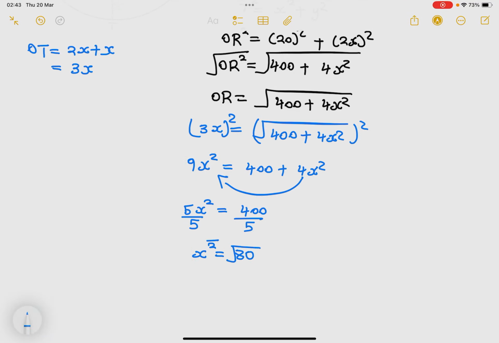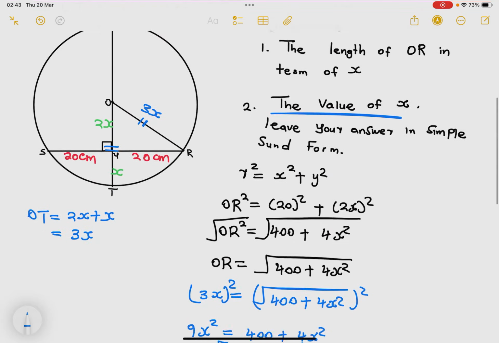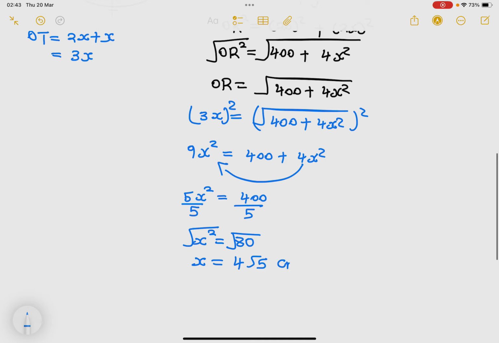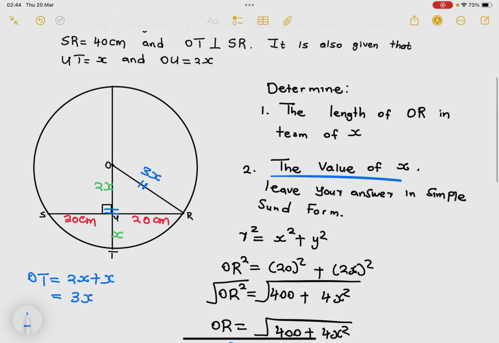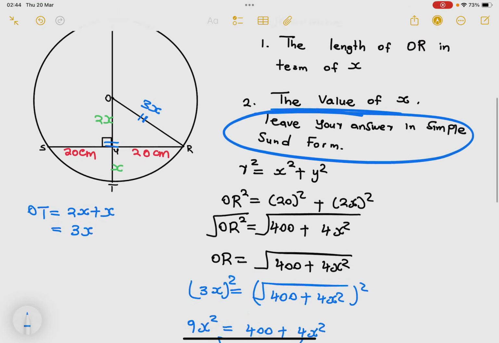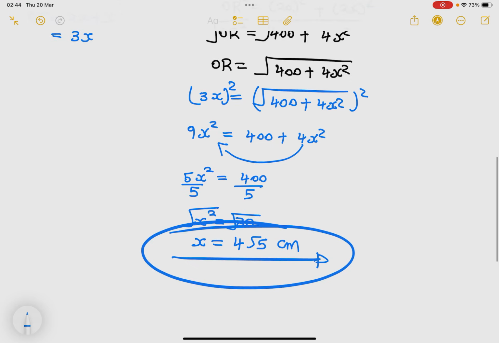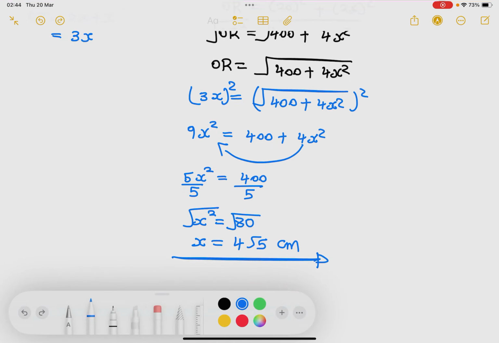So I put the square root on both sides. What is the square root of 80? It's 4 root 5, measured in centimeters. Let's look at what the question said: we need to leave our answer in simple surd form. So this is simple surd form, ladies and gentlemen. Yeah, that's awesome.